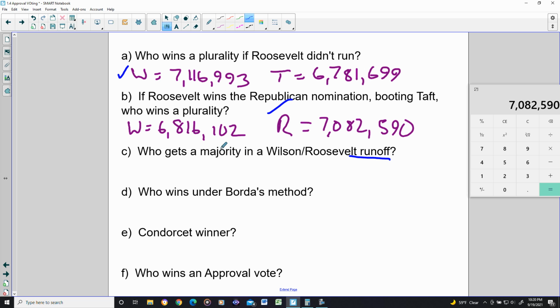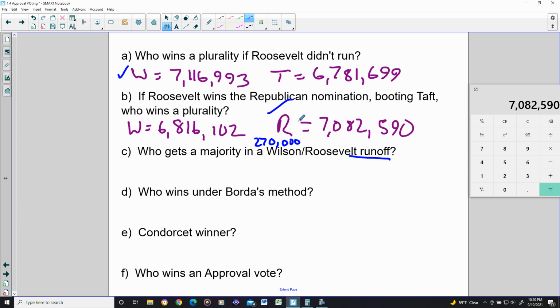So guess what? Look at the total here. The difference here is 270,000 votes. So that's important. So let's write this down. 270,000 vote difference.